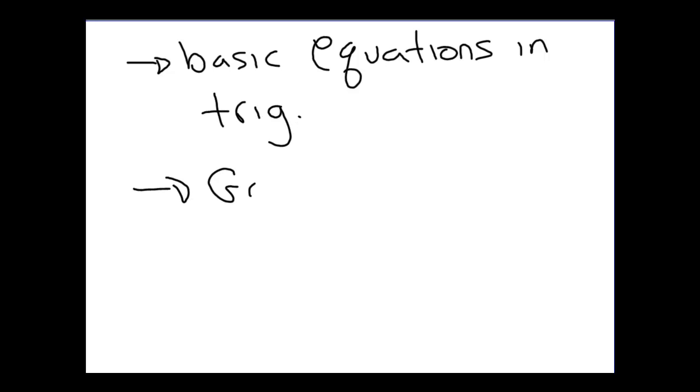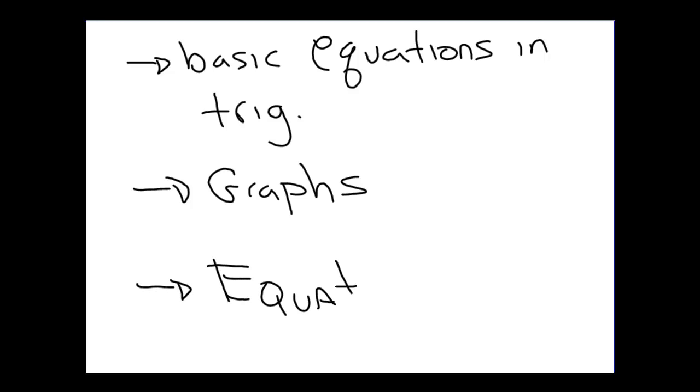We have looked at graphs of trigonometric functions, and if we carry this through to the logical endpoint, we think about what we normally do when we understand or learn about functions, or when we learn about other kinds of operations, the last step here will be to work with trigonometric equations.